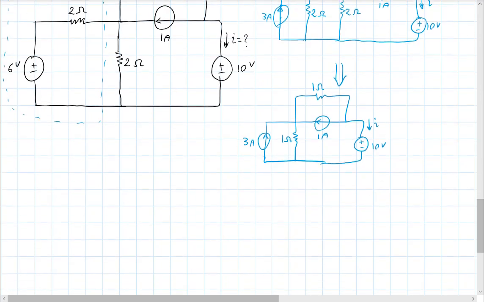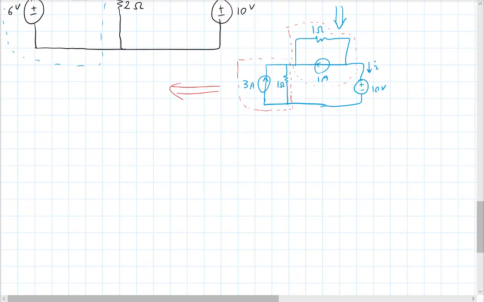Now, to make it easier to see, I will add a little bit of extra wire here. I'll bring this way. So if you look at my boxes now, I'm looking at this box and this box. So I have a Norton circuit, 3 amp and 1 ohm.